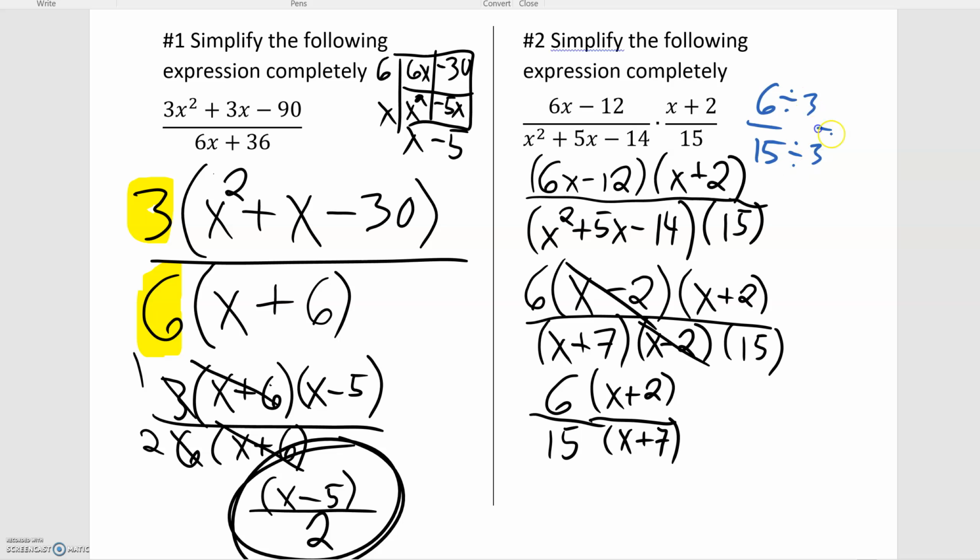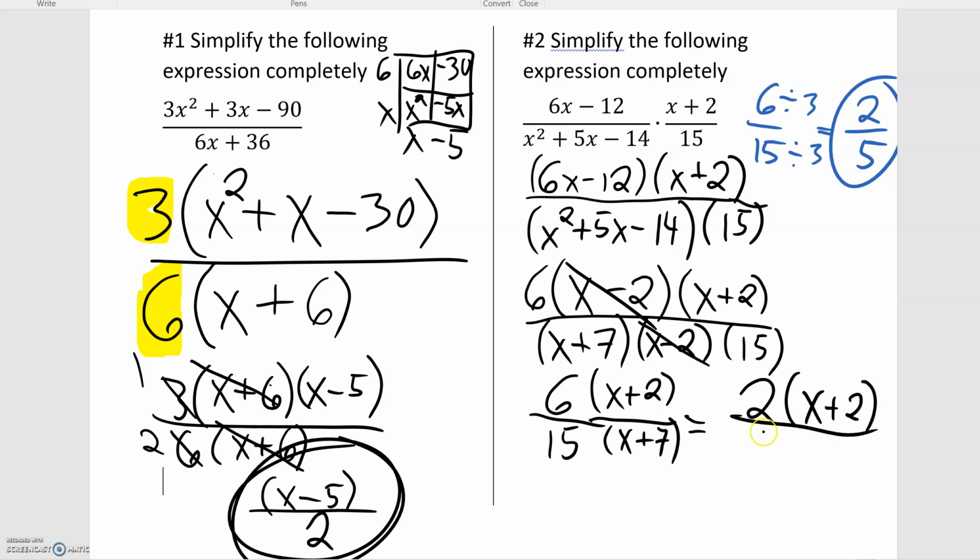That becomes 2/5. Okay, so that's not so bad. It's going to leave me with 2 parentheses x plus 2 over 5 parentheses x plus 7. Okay, all right, there we go.